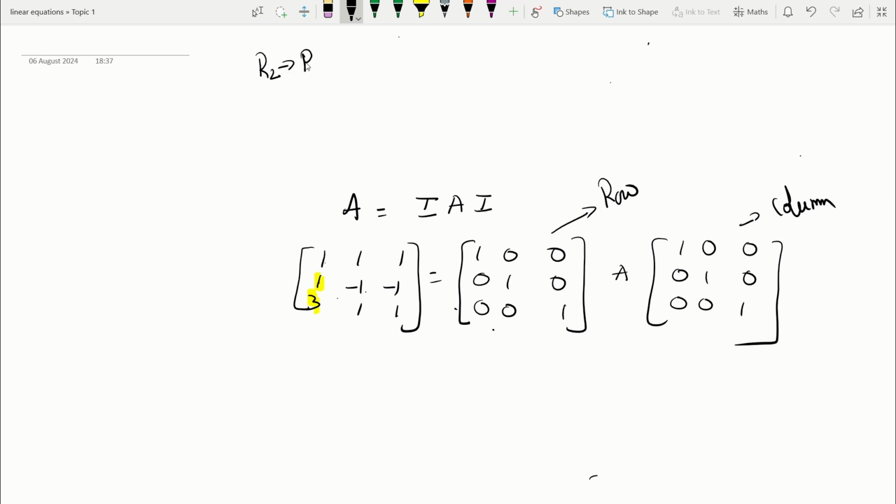If you apply row operations, the first matrix will be affected. If you apply column operations, the last matrix will be affected. On the middle matrix you apply both row and column operations, and you have to convert it into an identity matrix.